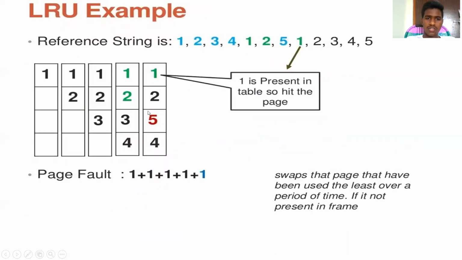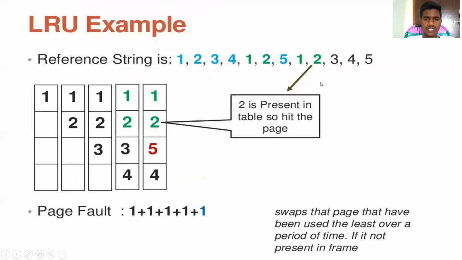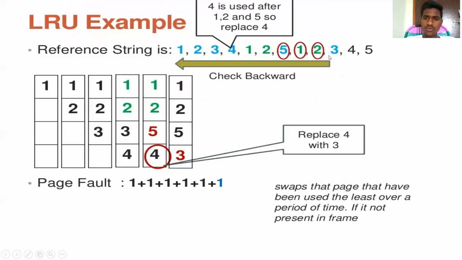And next 1 is already there in this main frame, and it is called a hit bit. And next 2 is also there in this frame, so it is a hit bit. Next we have to replace this 3 with one of these 4.